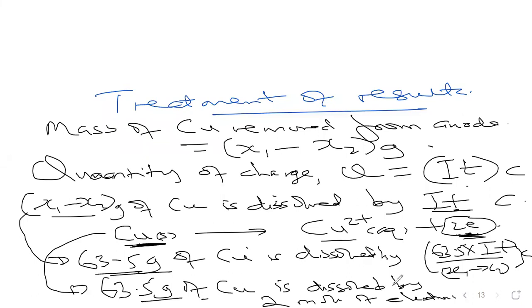What does that imply? That implies that 2 moles of electrons are equivalent. That's the mathematics here. These 2 moles of electrons, because they are depositing the same mass as this quantity of charge, are equivalent to this quantity of charge. Are we together?